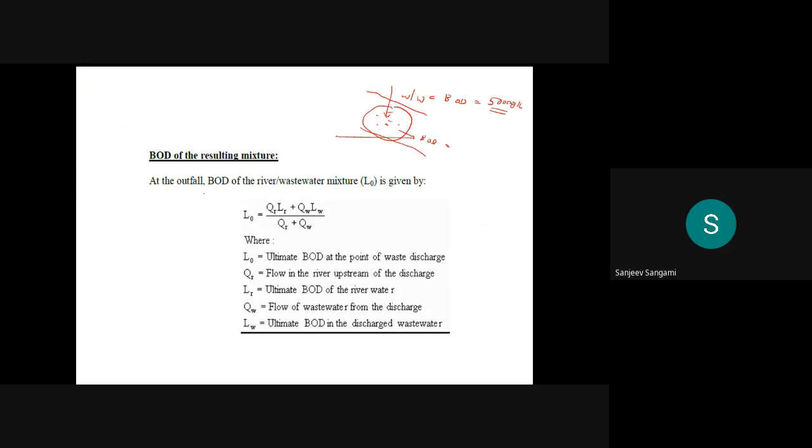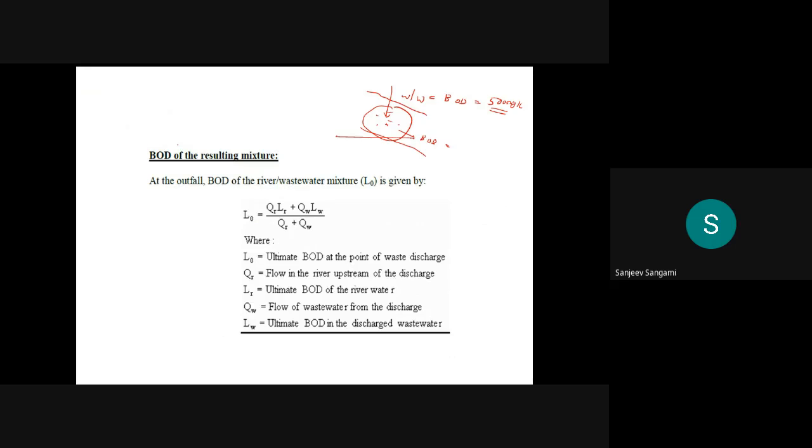So it is L outfall equals QR LR plus QW LW, divided by QR plus QW, where L naught or L outfall is the ultimate BOD at the point of waste discharge.